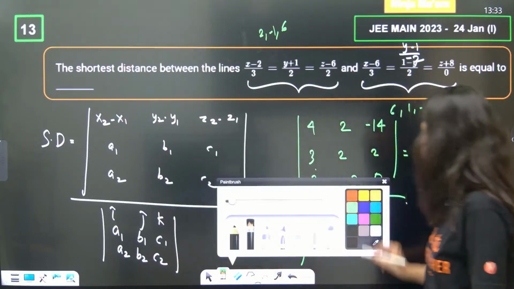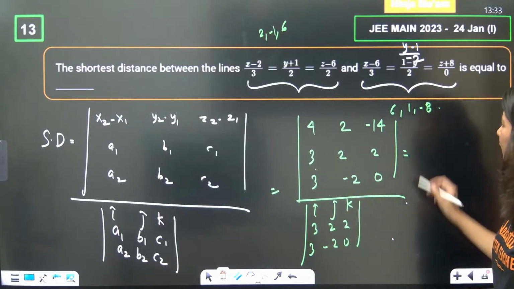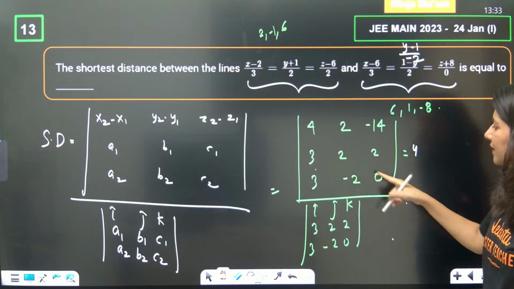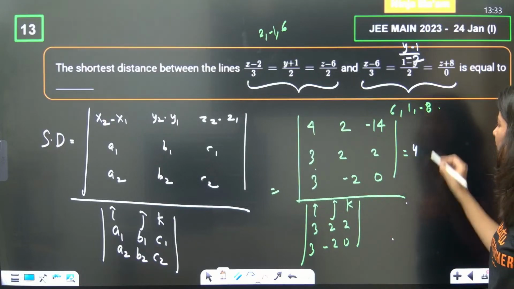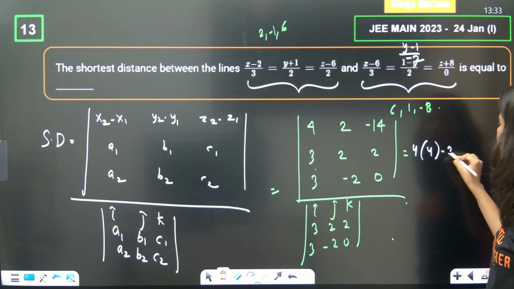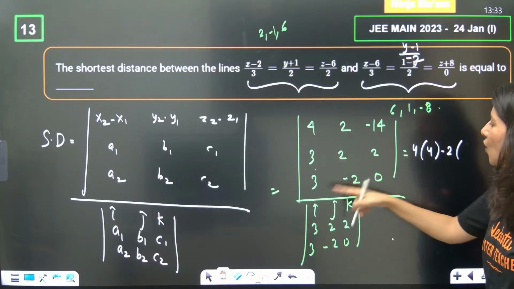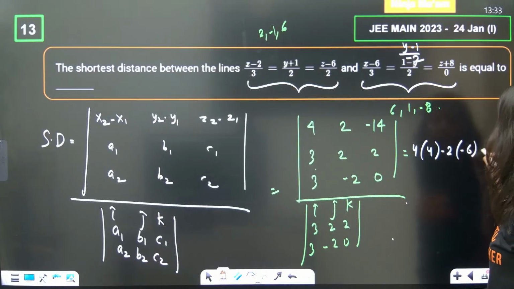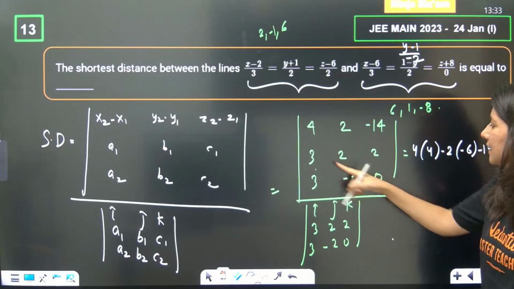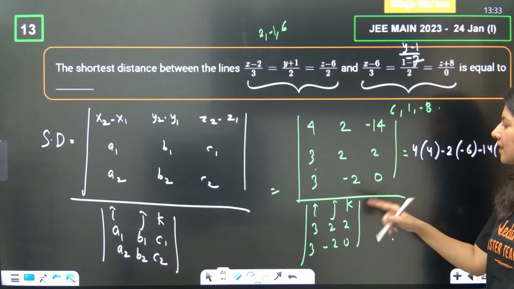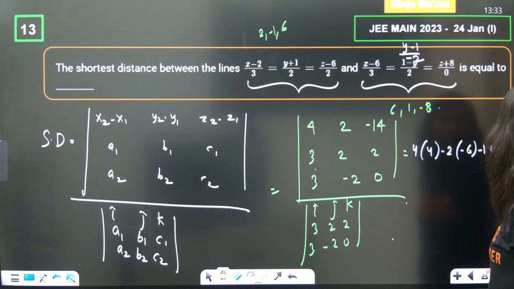Now let's solve it with me. 4, 0 minus minus 4, so this is 4. Minus twice 0 minus 6. Minus 14. This is minus 6 minus 6, so minus 12.